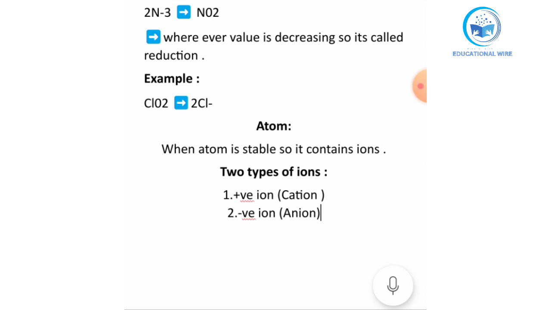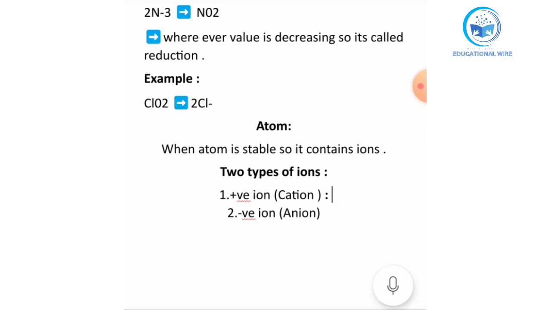Now let's move further to talk about cation and anion. As I told you previously, the losing of electrons by a metal atom gives a positive charge, so it's called a cation, and the gaining of electrons by a non-metal atom gives a negative charge, called an anion.